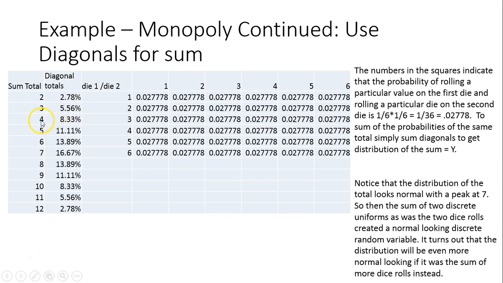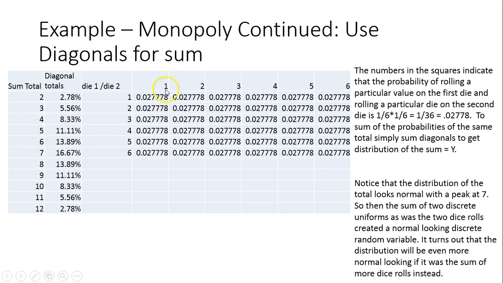What about getting a 4? There's 3 ways it can occur. I can get a 1 and a 3, a 2 and a 2, or a 3 and a 1. 3 ways it can occur, so I have to add up this plus this plus this. What about getting something like a 5? How many ways can it occur?